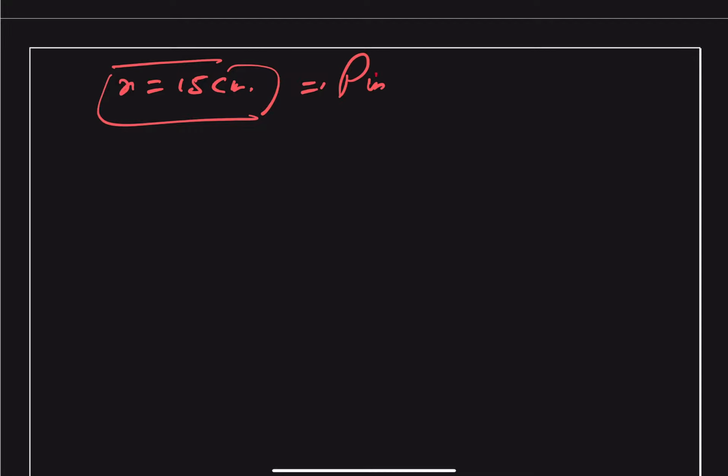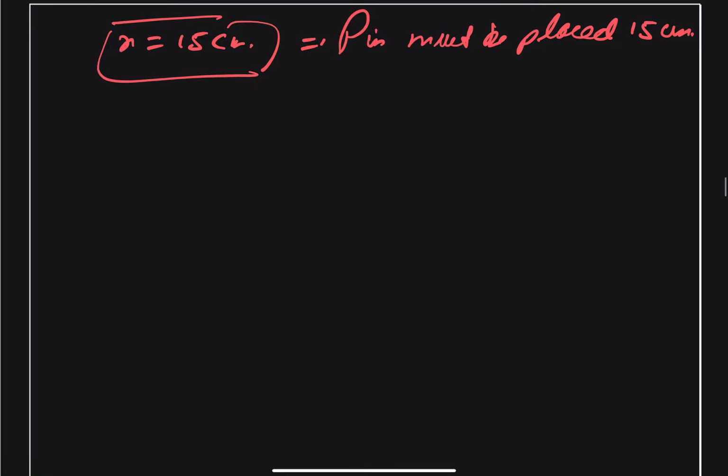So we can say the pin must be placed 15 centimeters from the lens for its image to coincide.